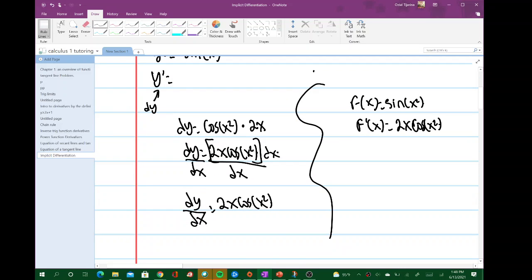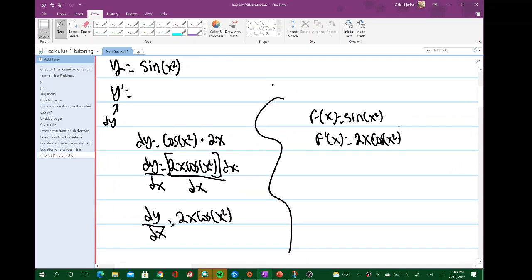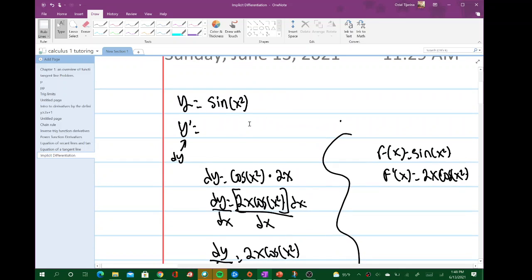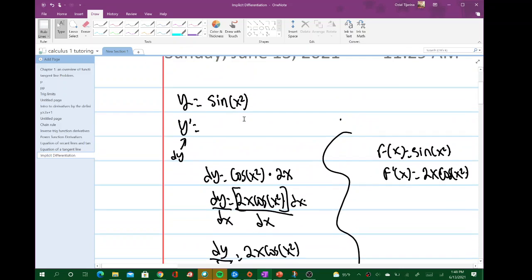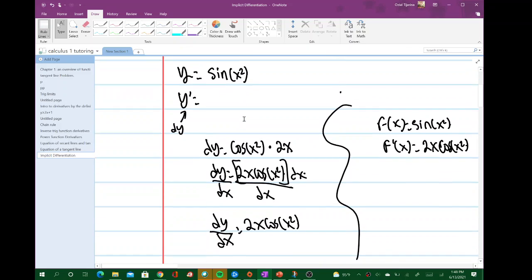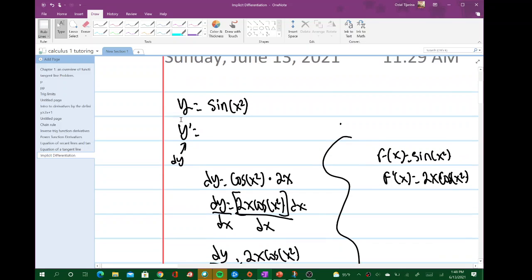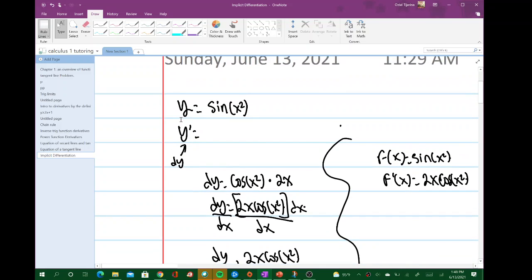These two are very different. This one's in function notation, so you don't have to put dx anywhere, because it's already with respect to x. The function is in terms of x. But here, y prime, the derivative of y, is dy. Always. It doesn't matter. It's always dy.